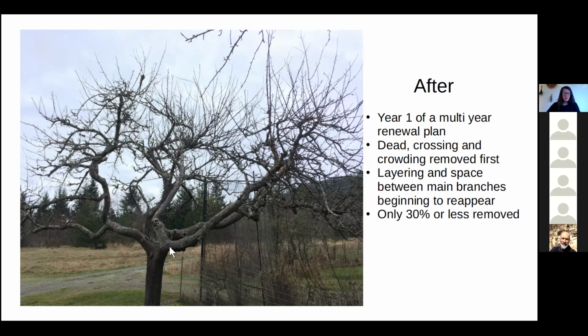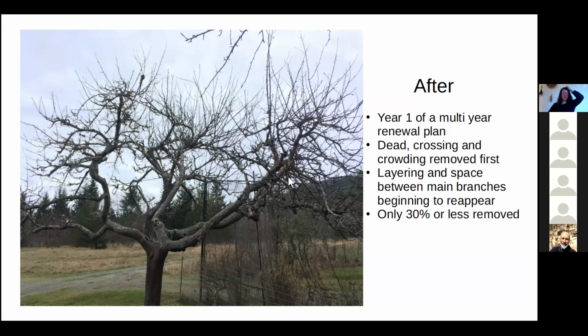There is one little thing here that's a bit tricky with the older trees. A lot of this wood is what's known as blind wood, which means that it's not actually that productive until you get to the very end. It's quite hard to remedy that. And on big old trees, where the scaffolding branches come way out, that's kind of a multi-year project to shorten them if you can and bring them back in.